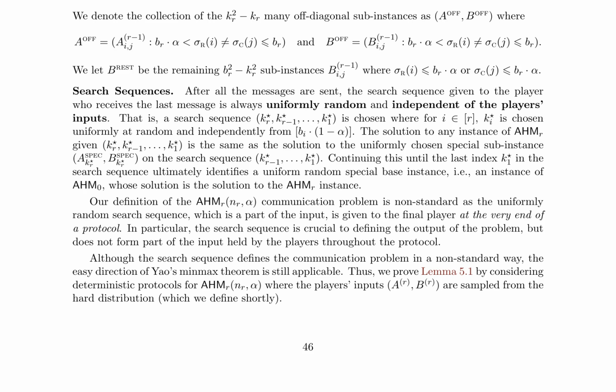Notably, the definition of AHM$_r$ is non-standard, as the search sequence is given to the final player at the end of the protocol, rather than being part of the input held by the players throughout the protocol. Despite this non-standard definition, the easy direction of Yao's min-max theorem is still applicable.